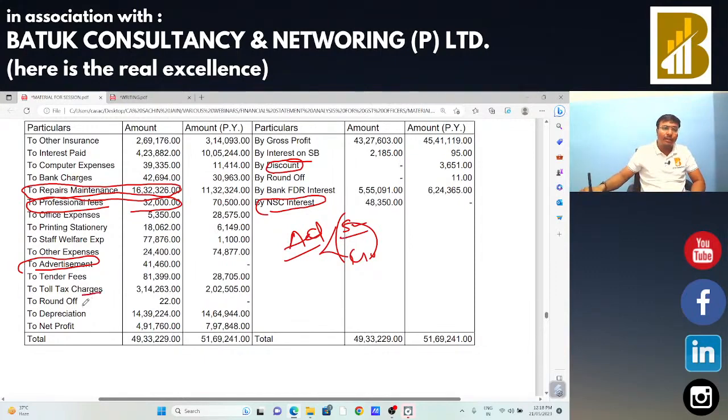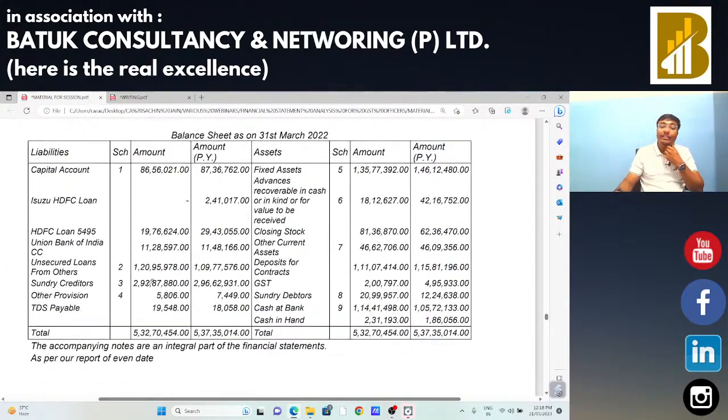Tender fees and depreciation rounding off is okay. So this is the basic financial statement. We need to check the things accordingly. Now, sir, in case of balance sheet, we are going to check the GST figure. We are going to check the sundry creditors around 2 crore and 93 lakh. In that case, we need to check that last year the creditors was 2 crore and 96. Current year is 2 crore and 93. That means there is a chance that कोई creditor है जो 180 days से ज़्यादा खड़ा होना मिल जाए.